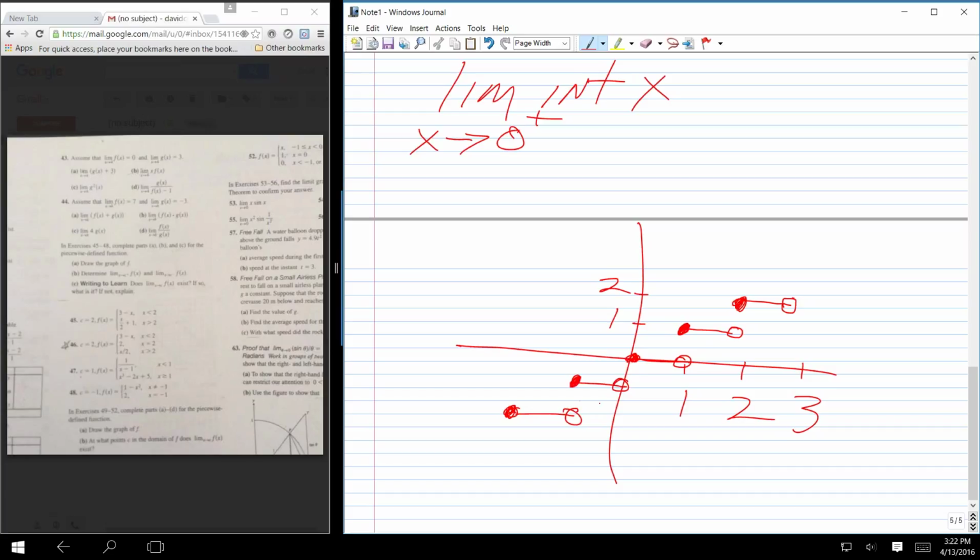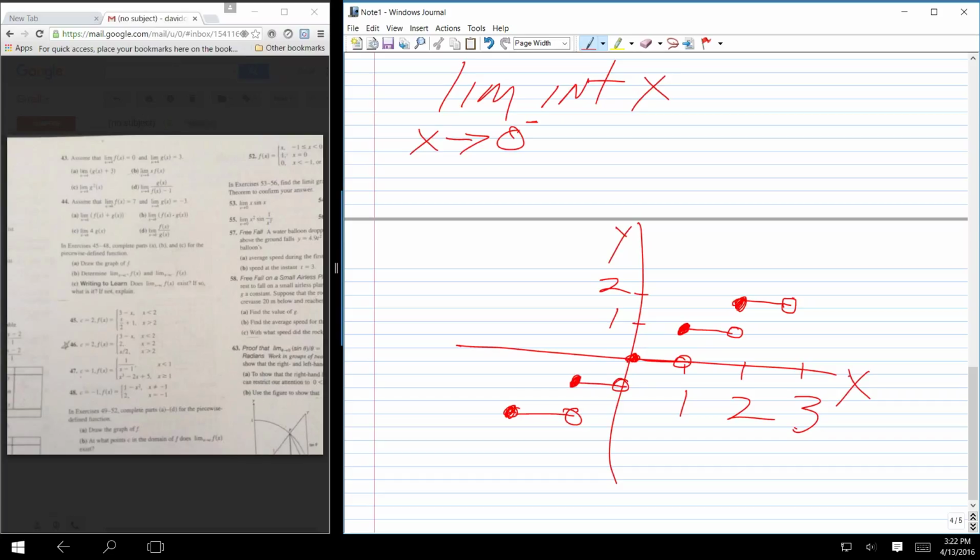So as we approach 0, and remember, you're always approaching on the horizontal axis, and that's y. So as we approach 0 from the right, what are we pointing to? 0. Correct. What's the second part? x is approaching 0 from the left. What are we pointing to there?